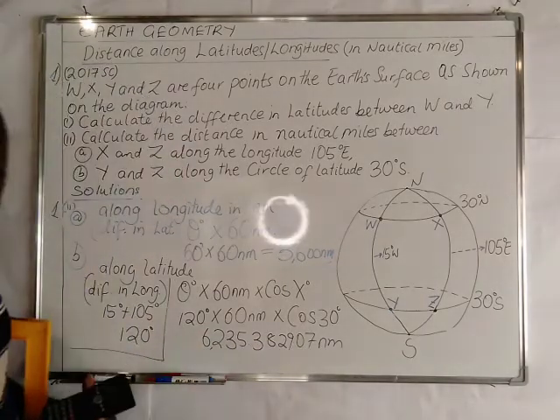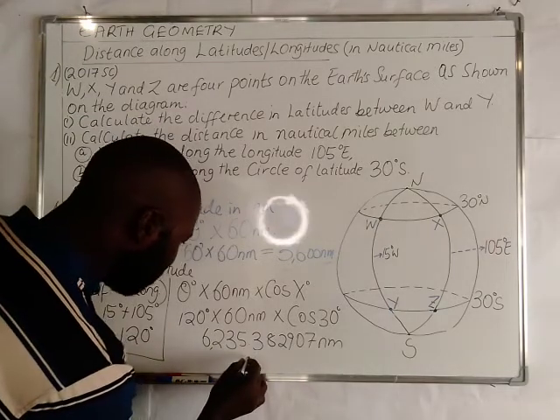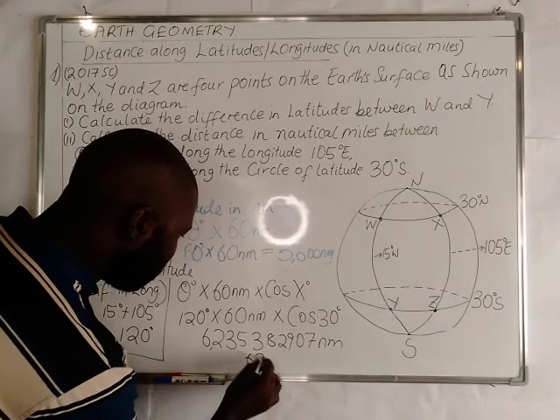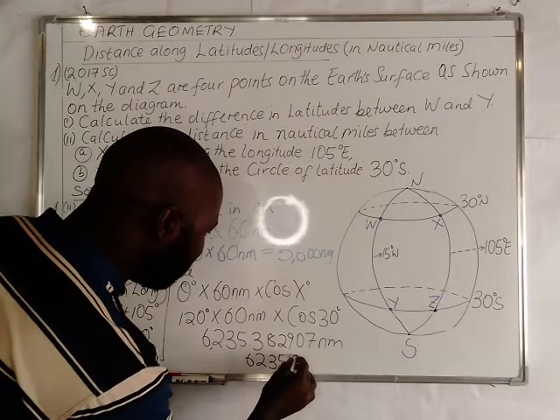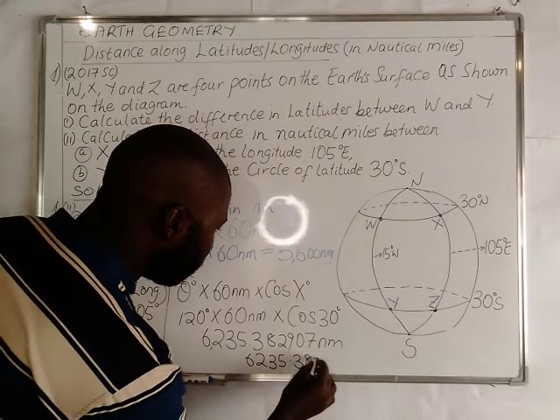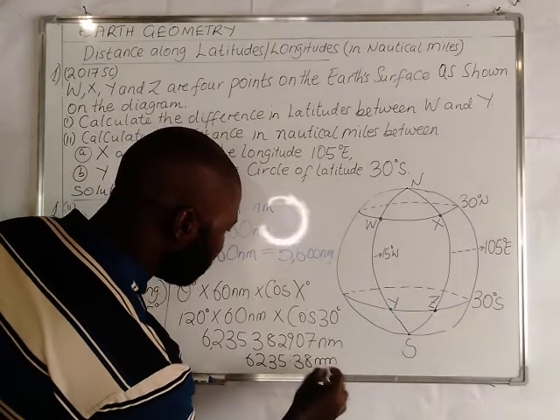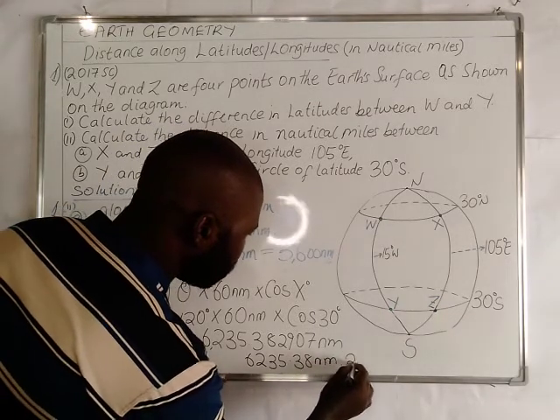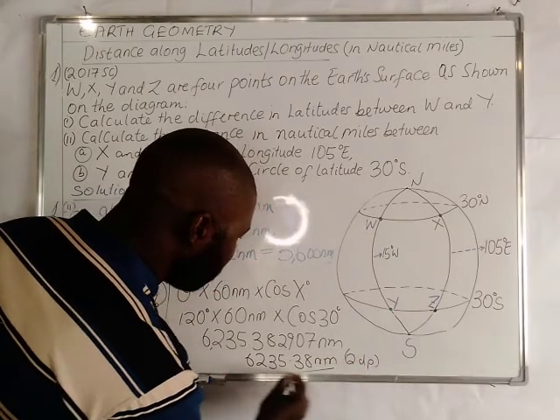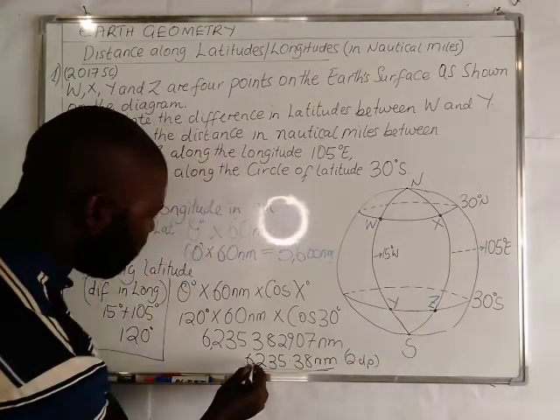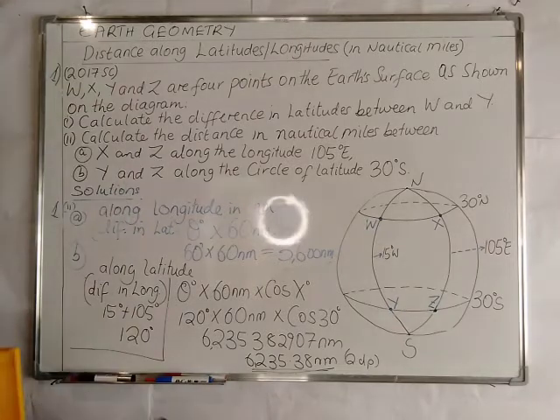Now expressing our answer to two decimal places, we have 6,235.38 nautical miles to two decimal places. Okay, so this is our final answer on this one.